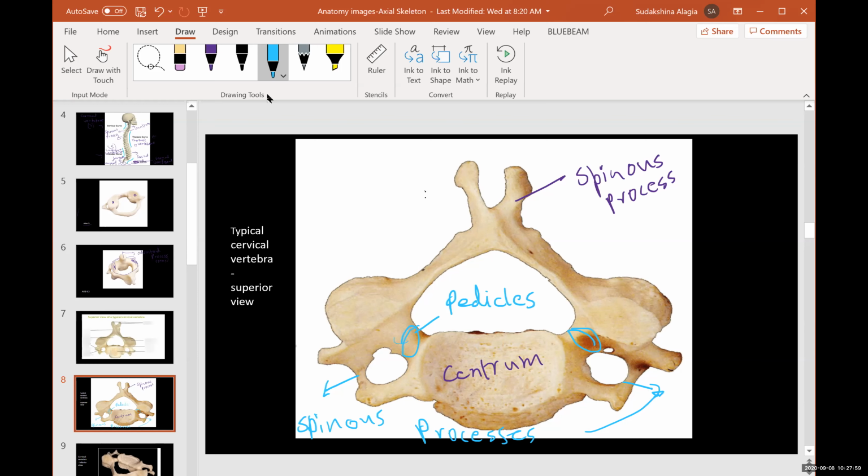Together we call them pedicles. So next to the centrum, the rounder connecting part that's giving rise to the ascending part. If you think of this as an arch, this is the ascending part of the arch. So this here to here is pedicles.